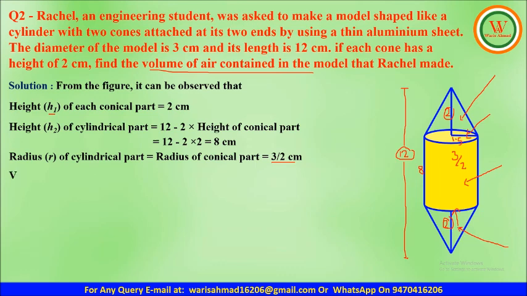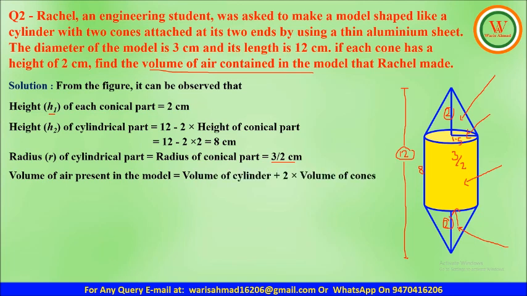So here next line we can write, volume of air present in the model will be equal to volume of cylinder plus 2 into volume of cones. Both cones are identical. This cone which is attached at the top and the second cone which is attached at the bottom, both are identical, hence the volume of both the cones will be equal.